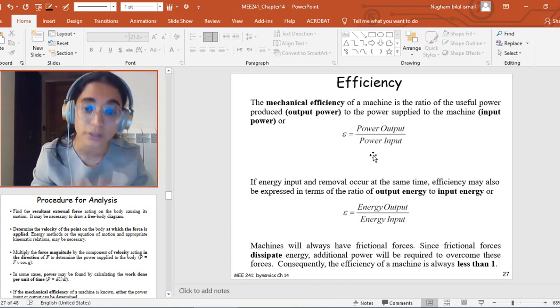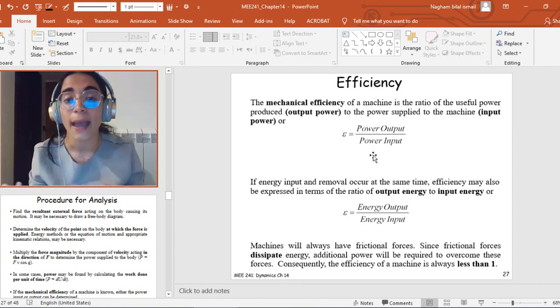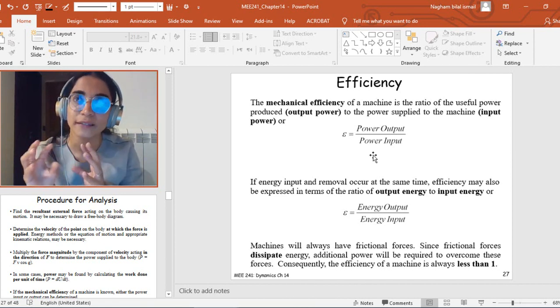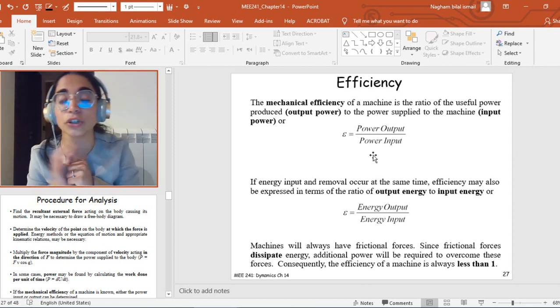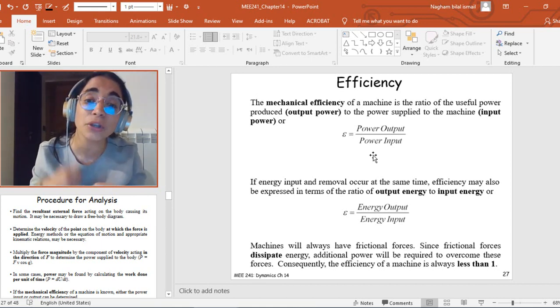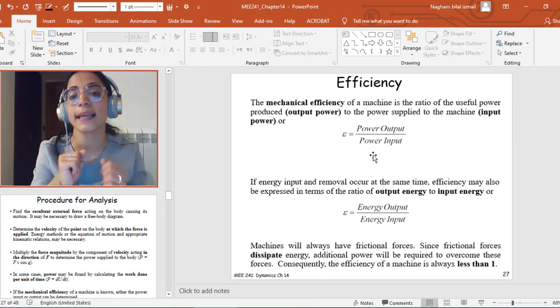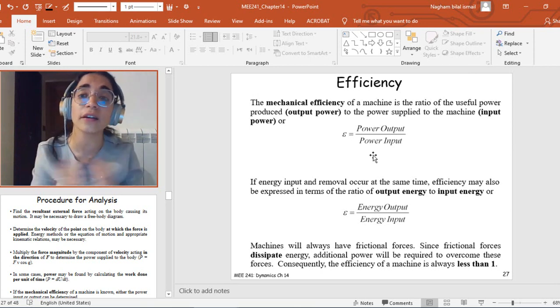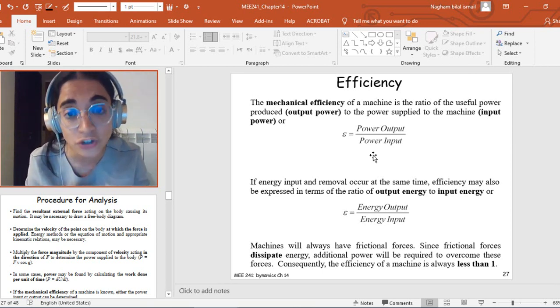The frictional forces will convert some percentage of the mechanical or useful energy into thermal energy, and then in this case I am losing this mechanical energy, and this could occur, for example, in your engine, right?